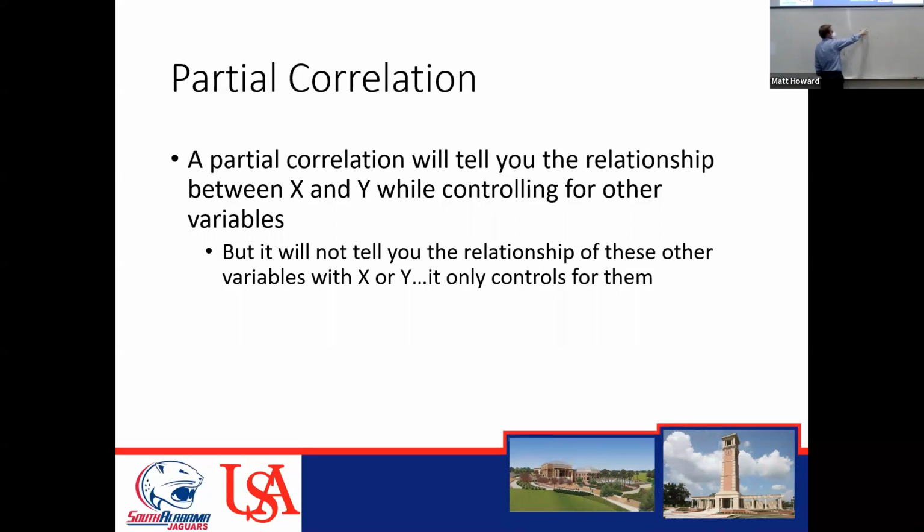So you would have to conduct separate analyses if you want to look at these different relationships. That's because a partial correlation will only tell you the numerical result for the relationship of interest when controlling for the others. If you want to look at the results for these other relationships while controlling for these other variables, you have to reconduct the analysis every time. Okay.